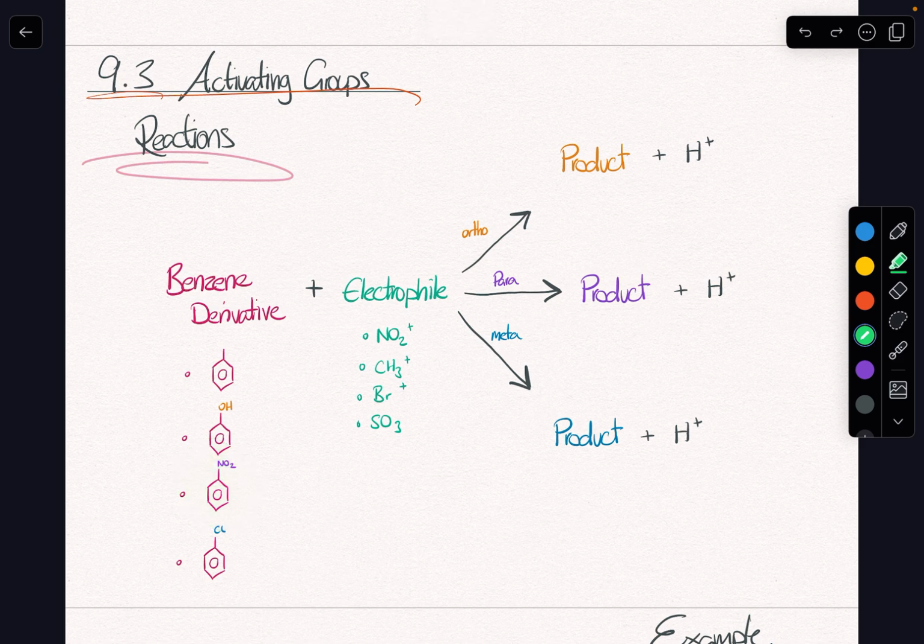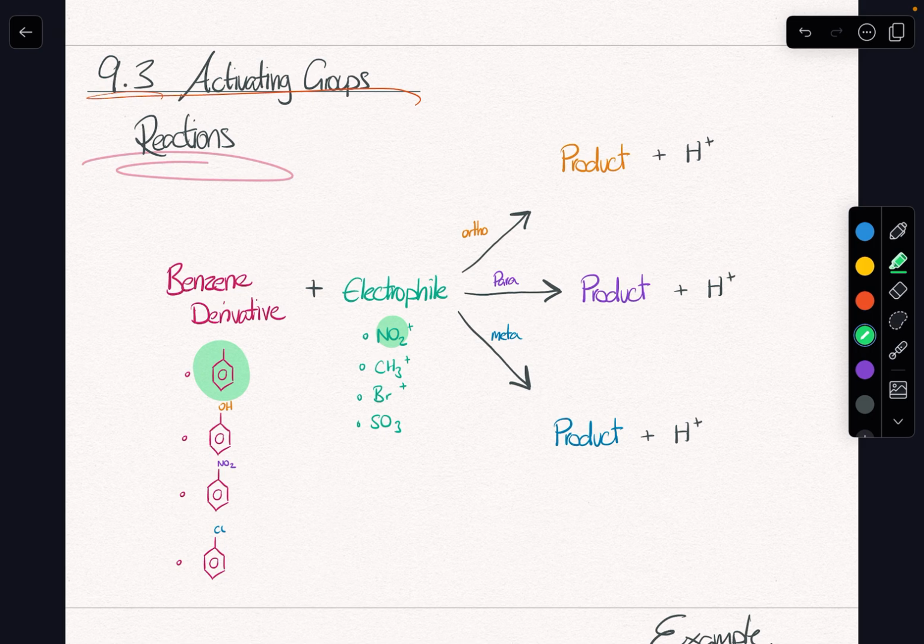It's as simple as just moving it in the right position. Now, with a benzene derivative, you're going to have to show me the possible reactions with each of the electrophiles. So you're going to do, let's say, for example, benzene derivative 1 with a nitro group. What type of products can I get with that?